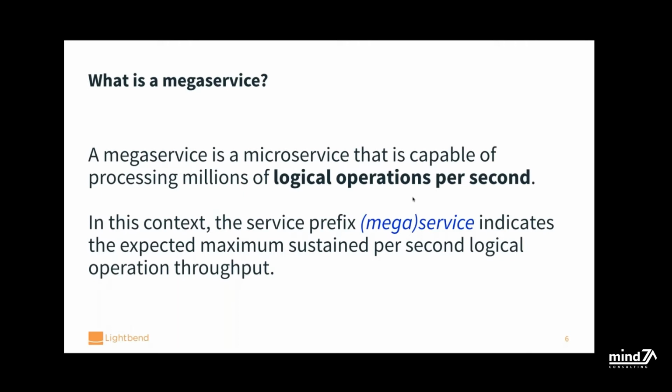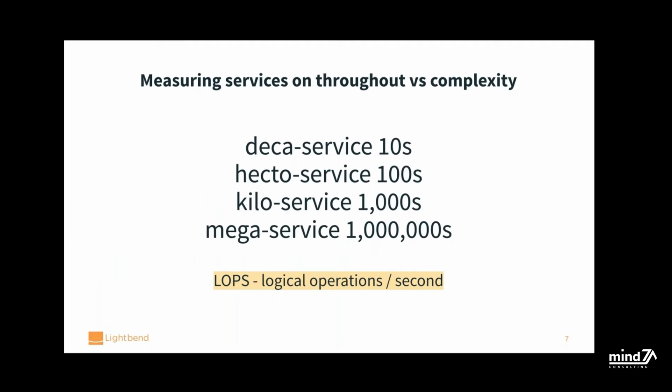But I wanted to really highlight the fact that we're heading in that direction, that you are building systems that are every year taking on more and more load, more and more traffic, and we just need the tools to be able to do these kinds of things. So I played with this a little bit. Instead of calling it microservice, which implies reduced complexity and focus on a specific task, I wanted to change the prefix of the name to something that denotes performance.